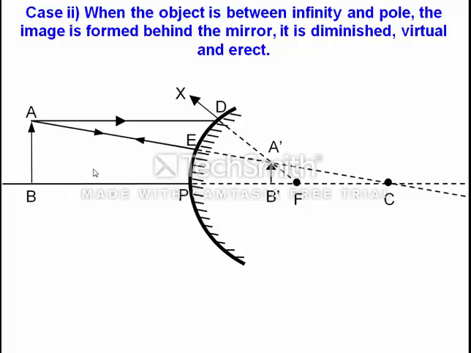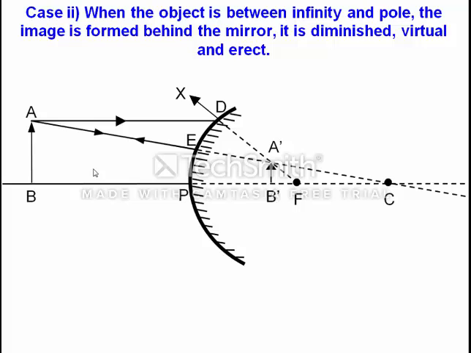Concave mirror, in the case of virtual and erect image, always the image is larger than the object. This is the very first point you have to keep in mind: we have a concave mirror, we have a convex mirror, we have a plane mirror. All three mirrors can give us a virtual image, but the virtual image from a concave mirror will always have a size larger than the size of the object. If we are getting a real and inverted image, then obviously it is concave mirror.